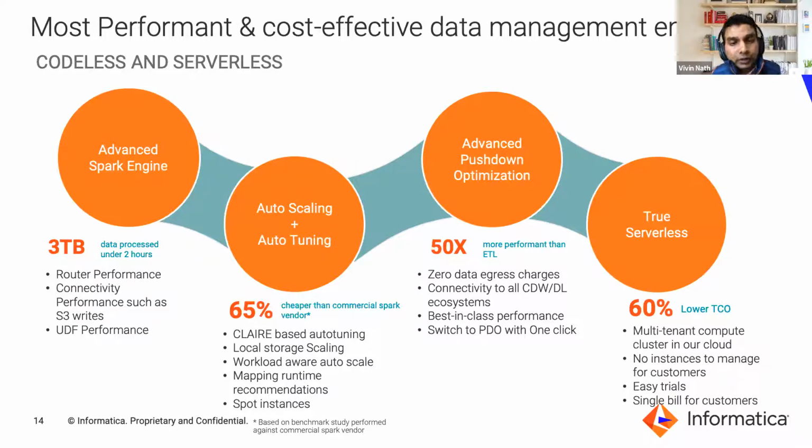We also provide intelligent out-of-the-box auto-scaling and auto-tuning capabilities to give the best performance while removing all the infrastructure scaling and Spark knowledge requirements needed to run your data engineering or machine learning workloads. Also, we have the advanced serverless, which is the industry's only serverless offering for advanced data management with zero infrastructure footprint and zero infrastructure maintenance requirements.